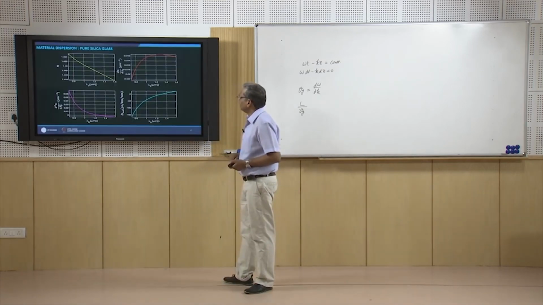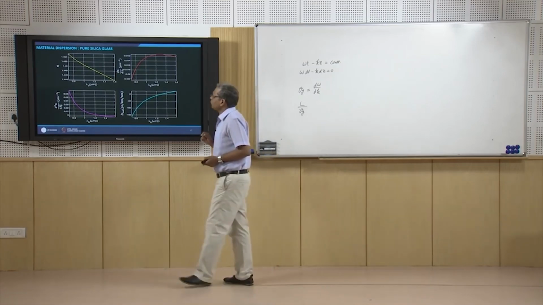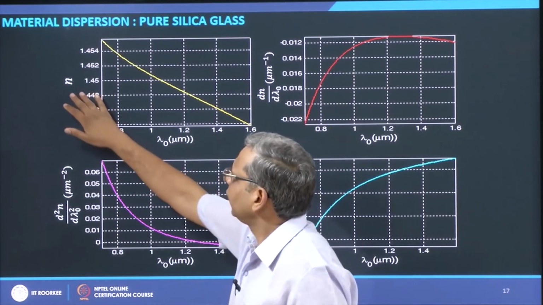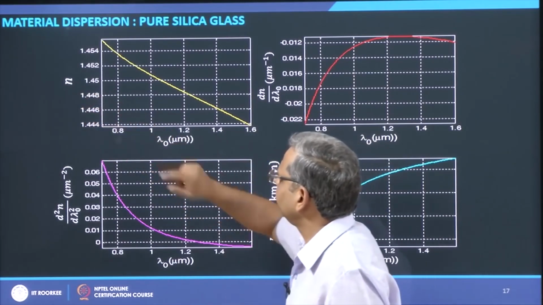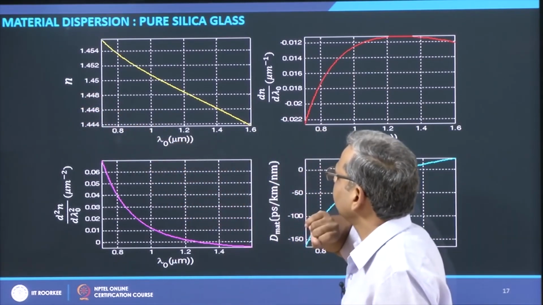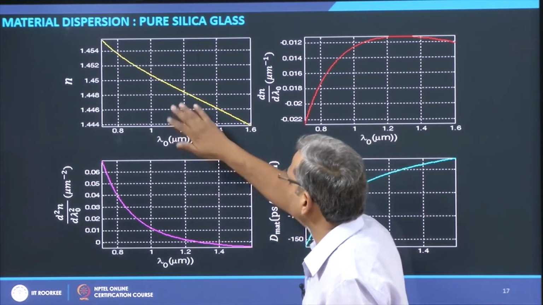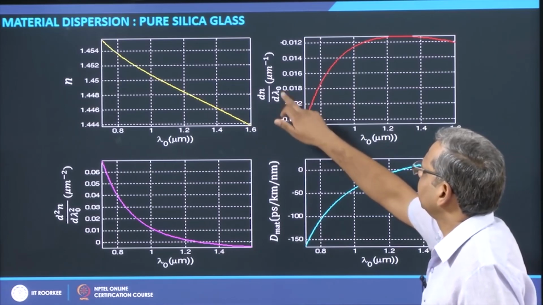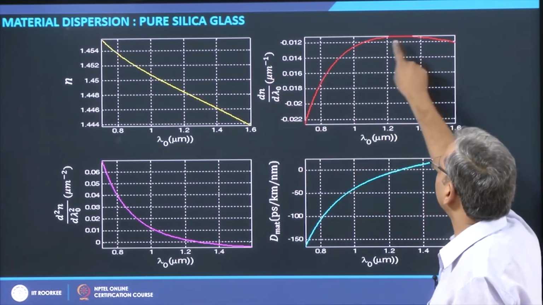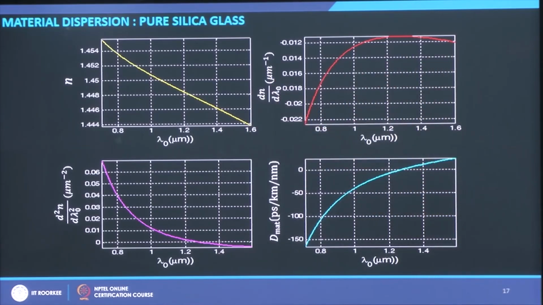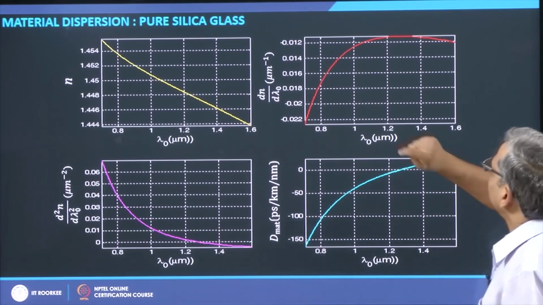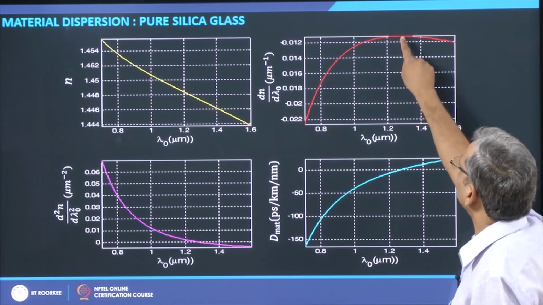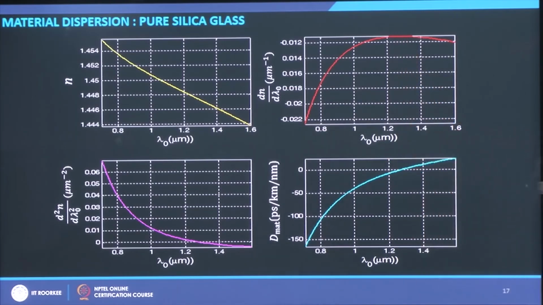So, now what I do, I find out the variation of n with respect to lambda. I plot the variation of n with respect to lambda of fused silica glass, and it looks like this. Then dn over d lambda naught in the units of micrometer inverse, it goes like this, and what I find is that it changes its slope from here to here, and it has got a maximum somewhere here.